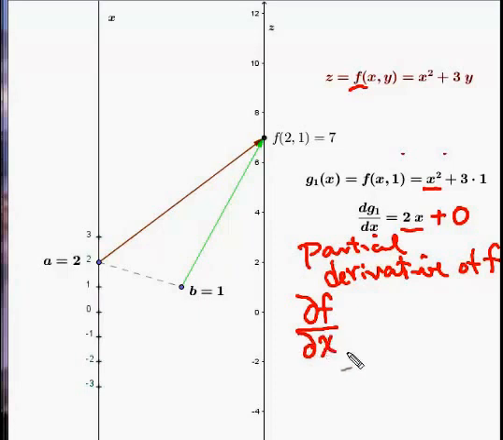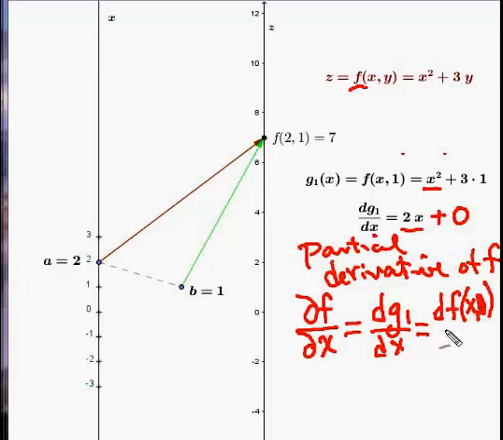So the partial derivative of f with respect to x when y is 1 is equal to the derivative of g1 with respect to x, which is equal to the derivative of our original function f evaluated at x and 1 with respect to the variable x. The partial derivative of f with respect to x is the number 2x for any particular x.